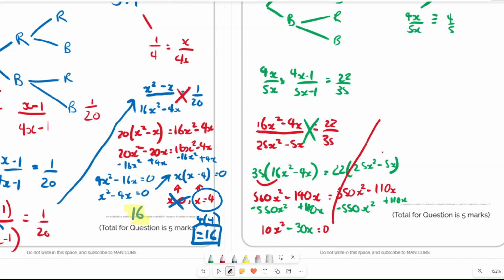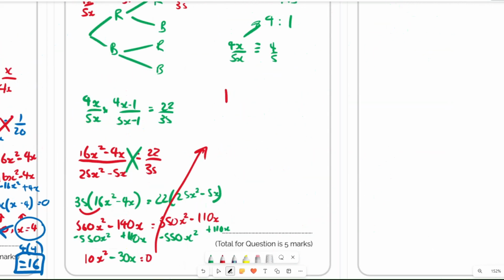Let's just take this up there. And then we can divide everything by 10. Rewrite the whole thing. Divide everything by 10. We get x squared minus 3x equals 0.